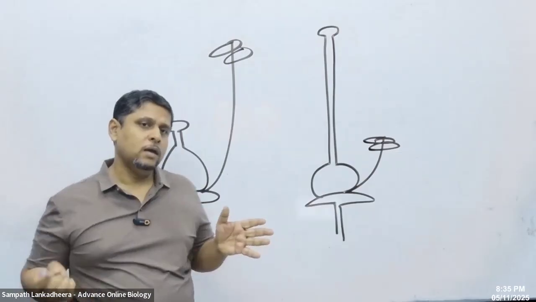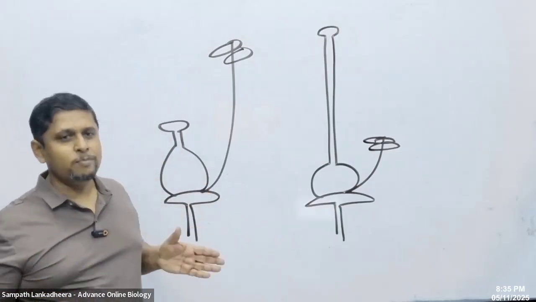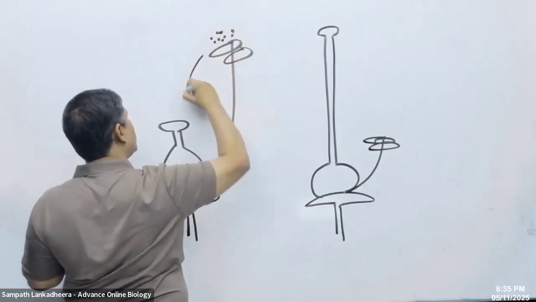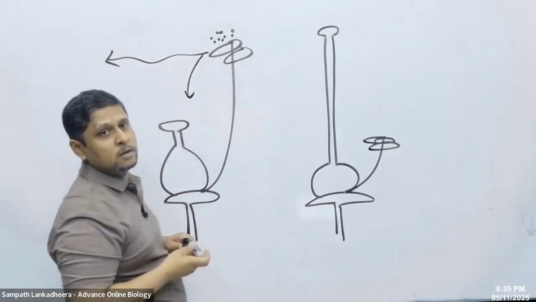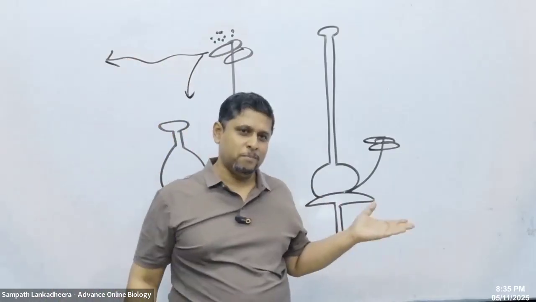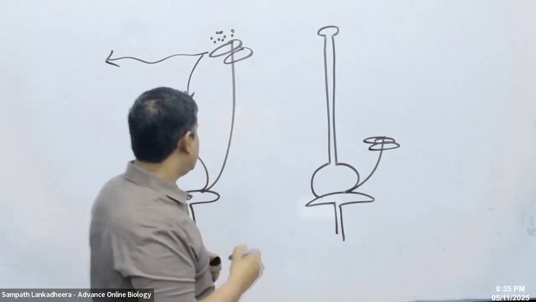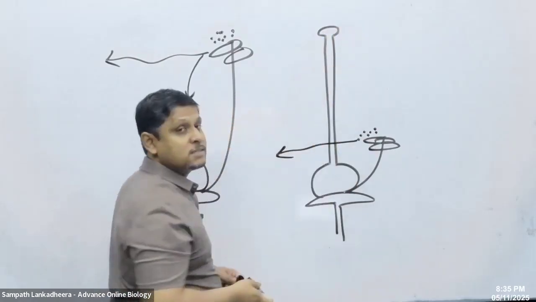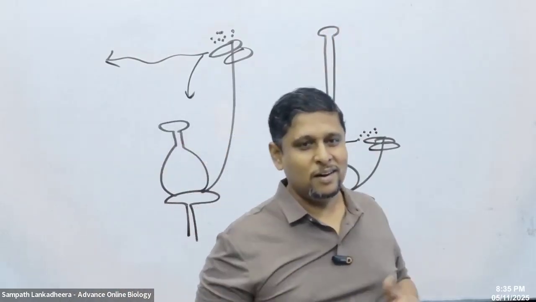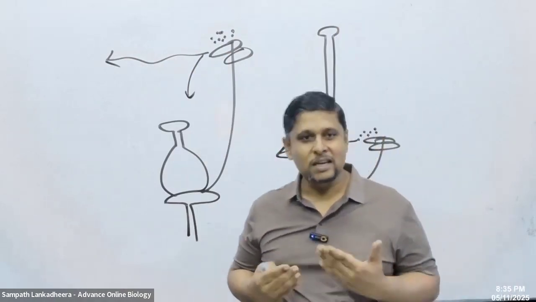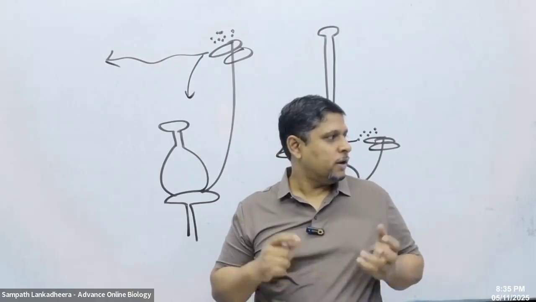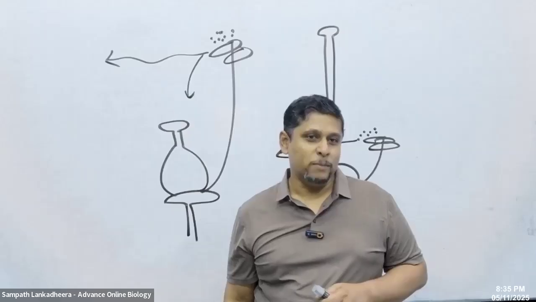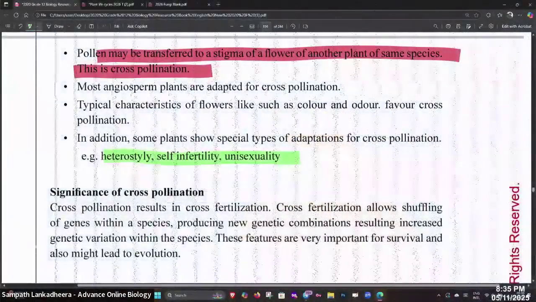Either way, this discourages self-pollination. When pollen is produced at a top level, rather than falling down it is blown away by wind, so it can go to a different plant or flower. When the pollen is at the lower level, there is no chance that it fertilizes the stigma of the same flower. So this promotes cross-pollination.